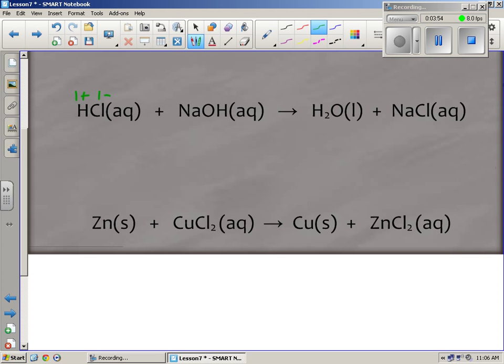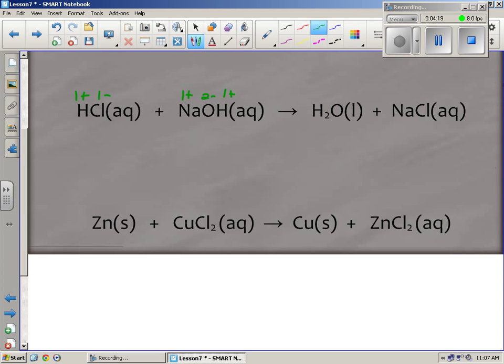Any hydrogens or oxygens first. So that's a 1+, that's a 2-. That ionic compound is neutral altogether. So what does the sodium have to be? 1+, which matches up with what we talked about, sodium ions. So you put that right above each atom.